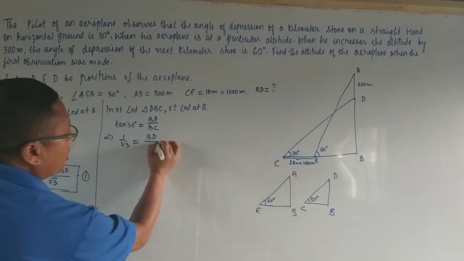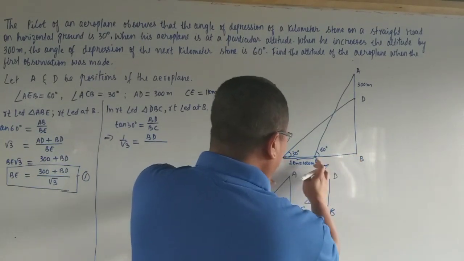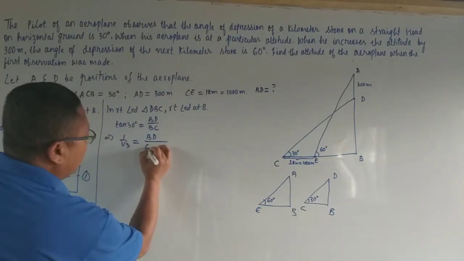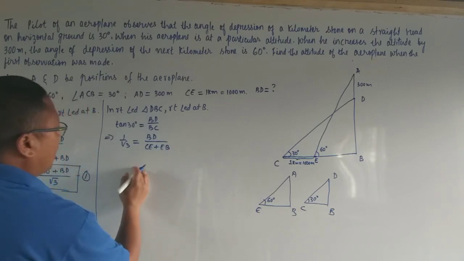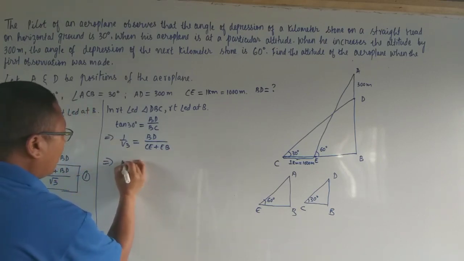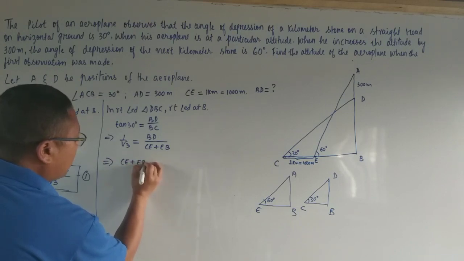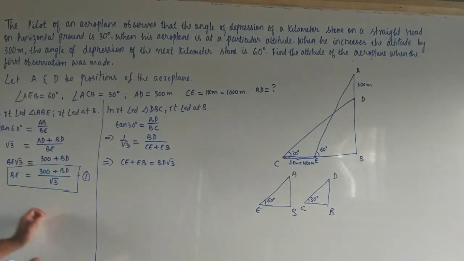Now let's look at BC. So this BC can be written as CE plus EB. Now let's cross multiply. So CE plus EB equal to BD √3. Now look at CE.